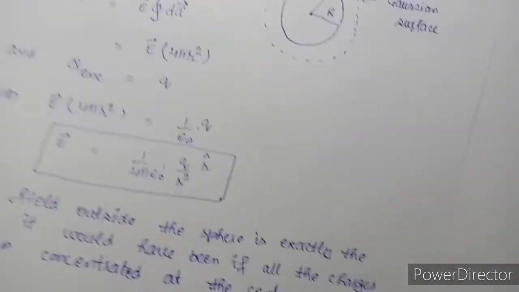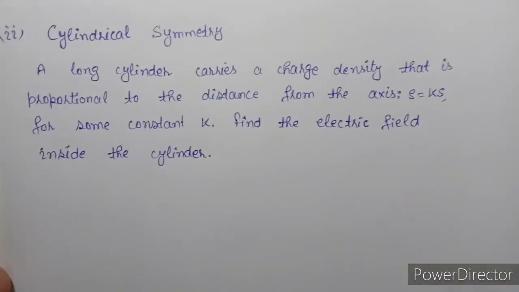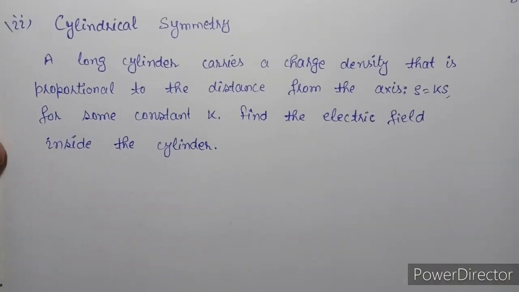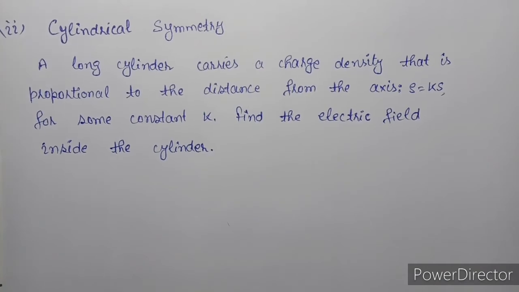Now we have the next problem related with the cylindrical symmetry. A long cylinder carries a charge density that is proportional to the distance from the axis, that is, rho is equal to k s for some constant k. Find the electric field inside the cylinder.